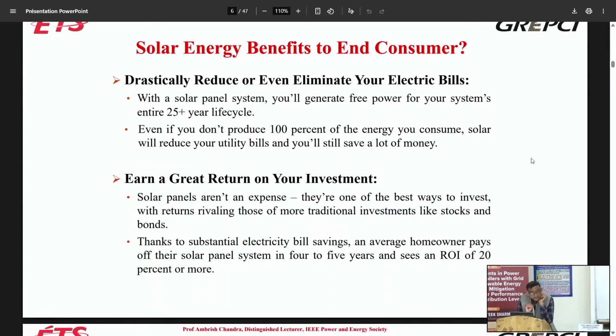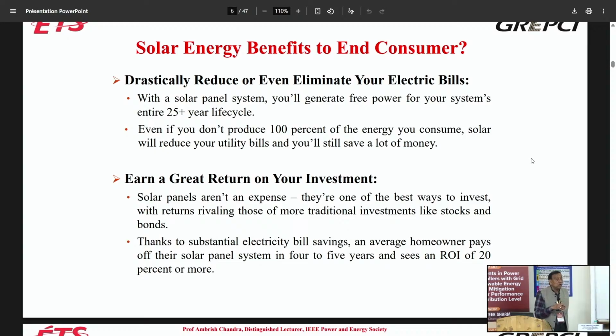Yeah, this is a very interesting thing I want to tell you. 2-3 years ago, I was talking to some of my friends in India, and they told me that 4 years ago they installed solar panels.